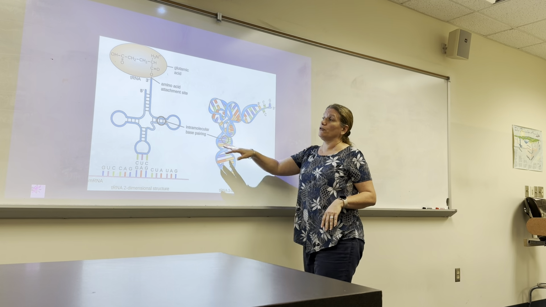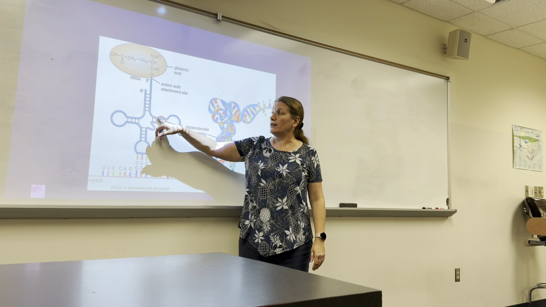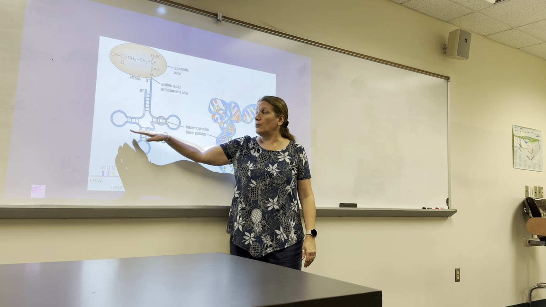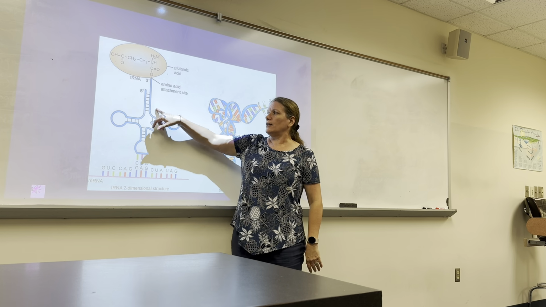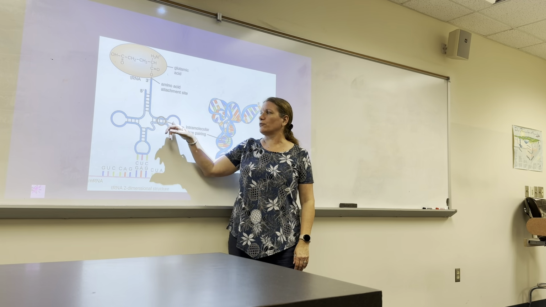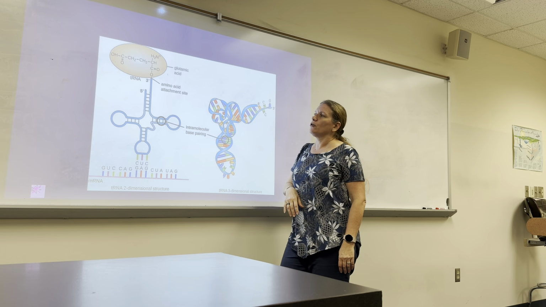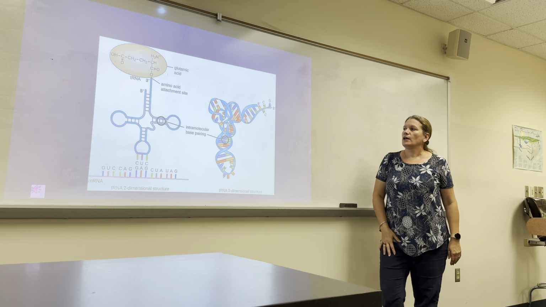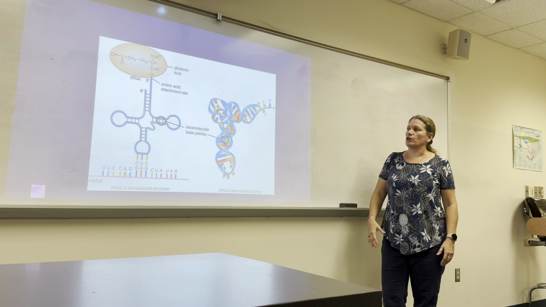In the tRNA structure, if you were to lay it flat, like smash it down flat, it would give kind of a 3-leaf clover sort of appearance. Of course, that's not how it truly appears with that 3D structure. It looks more along the lines of what you see on the right-hand side.